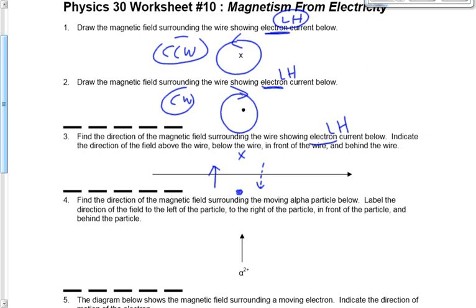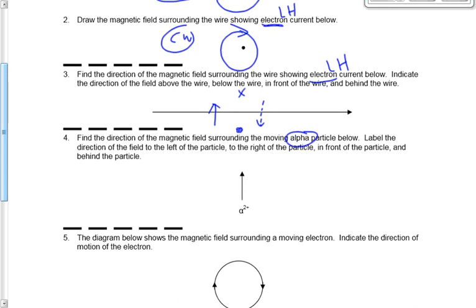Number 4, hey, we got an alpha particle here. That's a right-hand problem. First time we've had a right-hand wire grasp rule. Here's our wire.